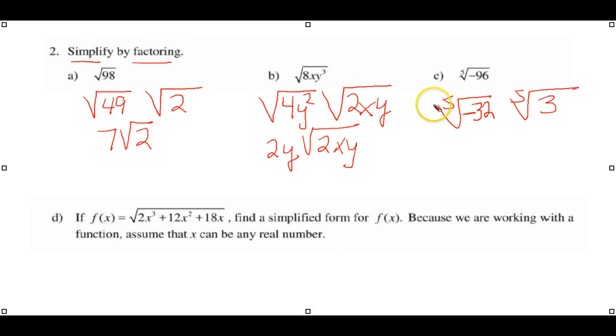Now, 2 to the fifth is 32. So the fifth root of negative 32 is negative 2, times the fifth root of 3.